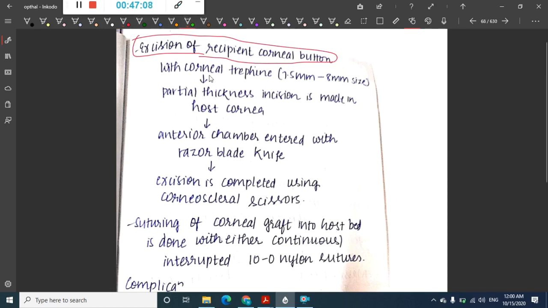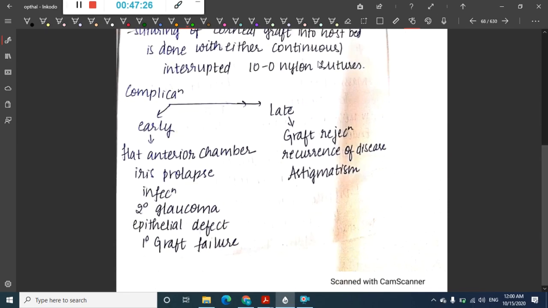With the corneal trephine, a partial thickness incision is made in the host cornea, and the anterior chamber is entered with a razor blade and excised with corneoscleral scissors.